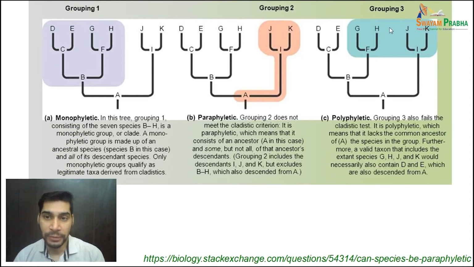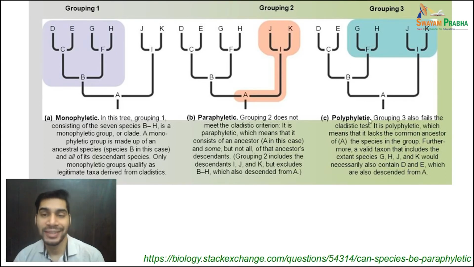The polyphyletic group, as shown in group 3 here, also fails a cladistic test. It is polyphyletic, which means that it lacks the common ancestor. For example, here these are the derived groups or descendants, but it does not include the common ancestor here. Furthermore, a valid taxon that includes the extant species G, H, J and K would necessarily also contain D and E, which are also descendants from A. But in this case, it is not being included here.